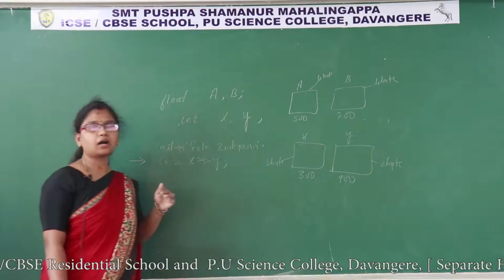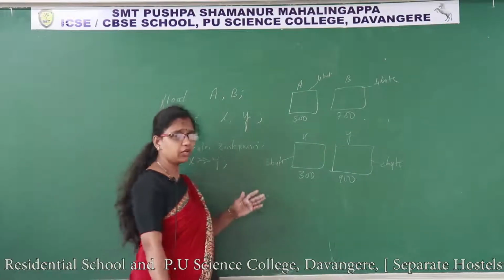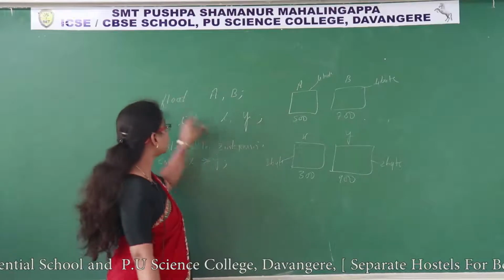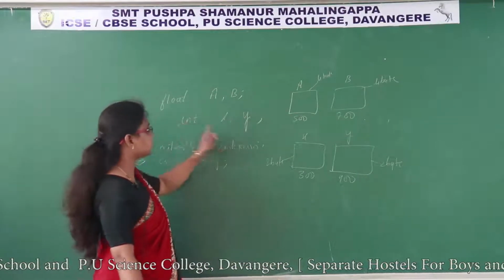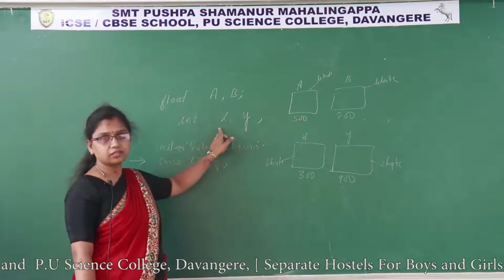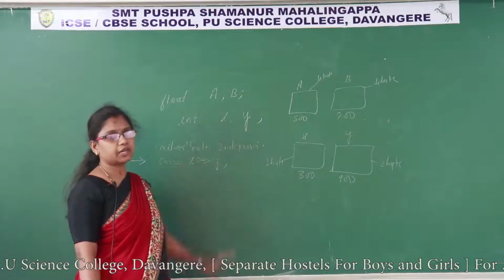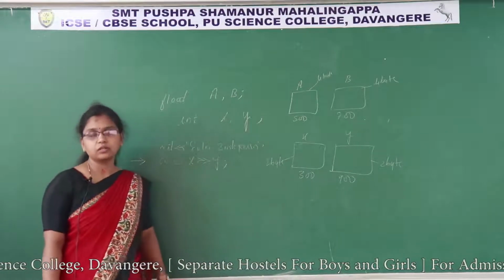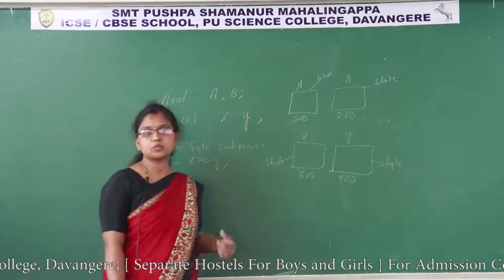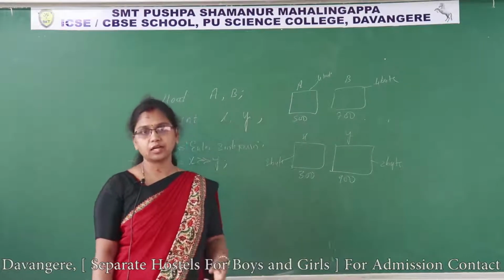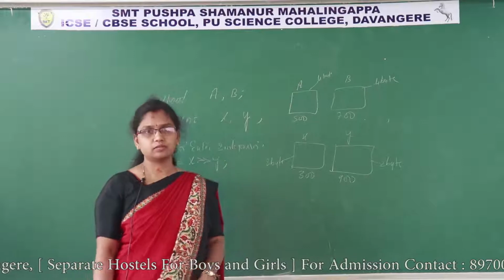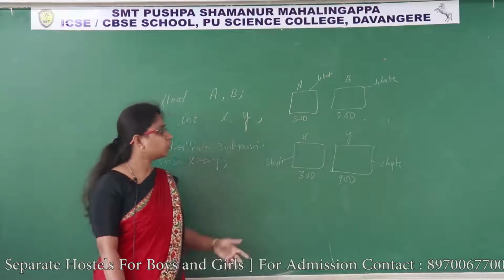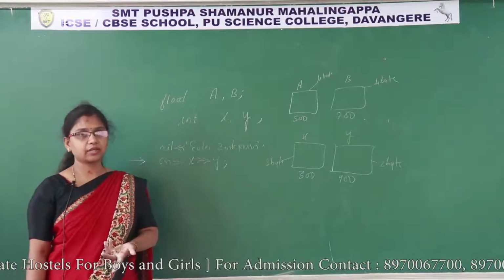But during execution, memory is not allocated. When you write this type of declaration, this is called static declaration. Then what is the definition of static memory allocation? Allocation of memory takes place during compilation time or before execution. So we cannot modify the size during execution.